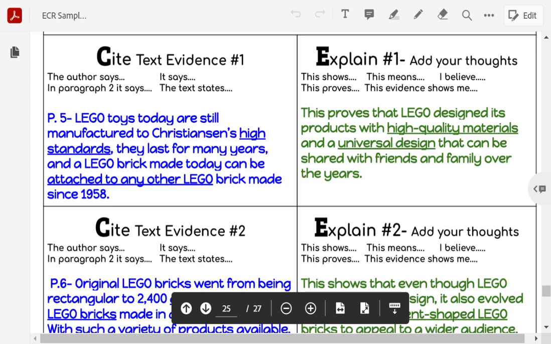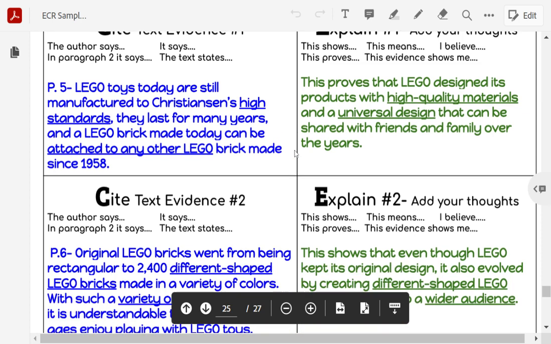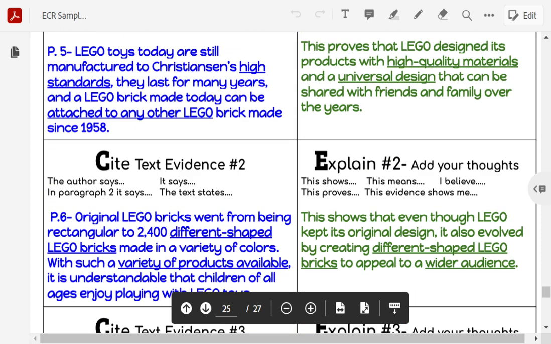So I'm basically explaining how this design, where they basically didn't change their design at all, and they made it such a high quality that grandpa that had it in 1958 can still be used with their grandchildren, the same Lego set. So that's kind of what that point is. And then I kind of did it in sequential order.